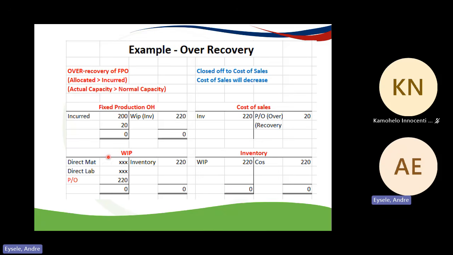This is now WIP. Remember, WIP, work in process, consists of your direct material, direct labor, and the fixed production overheads, which is 220. So we take out of the WIP into your inventory 220. This is the 22 units we've manufactured. Your cost of sales is 220. We take it to cost of sales, but we've got an over recovery of 20 Rand.